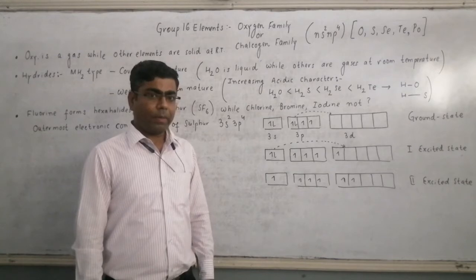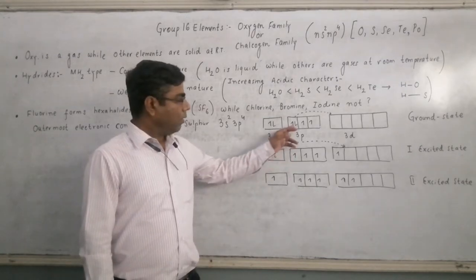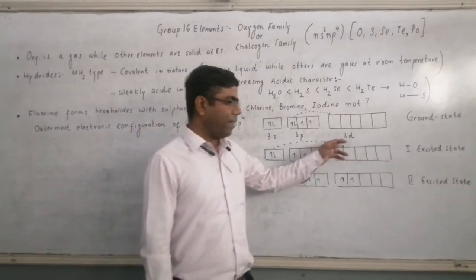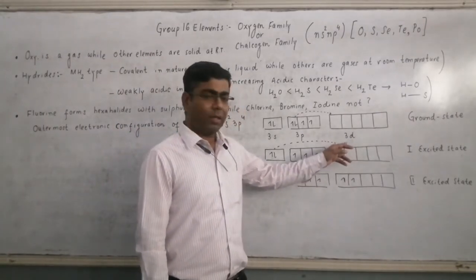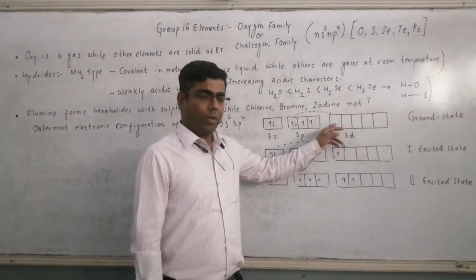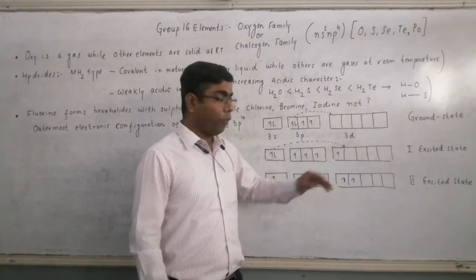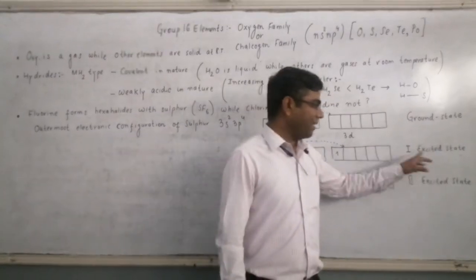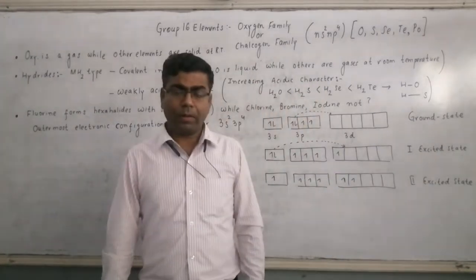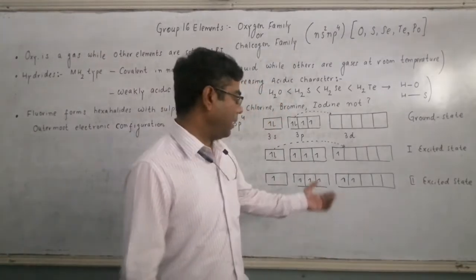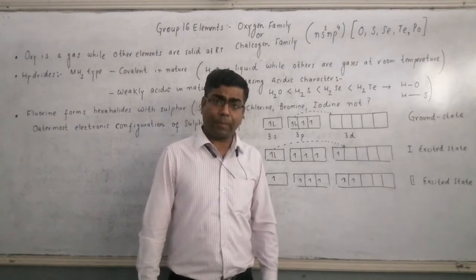So what will happen? A paired electron will be excited to a higher energy level, that is 3d. Electron will jump to here. We'll have 1, 2, 3, 4 unpaired electrons. This is called the first excited state. So sulfur can form SF4 because it can have 4 unpaired electrons.